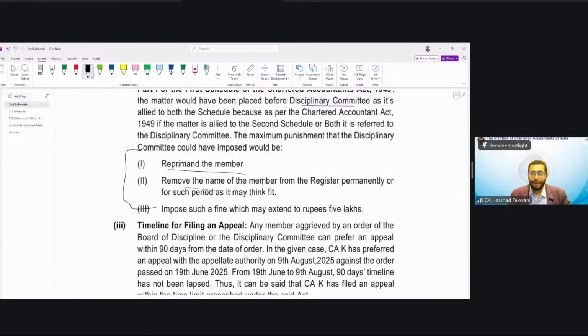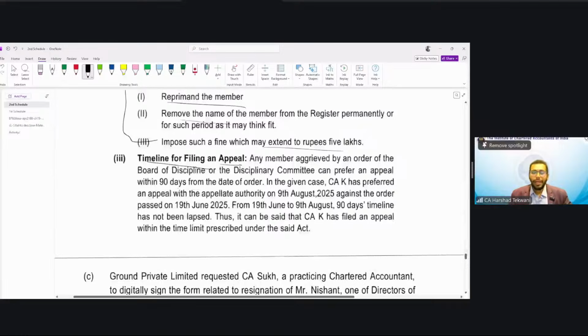Third, the time limit for filing an appeal. Any member who is aggrieved and wants to file an appeal has a 90-day window. He filed an appeal on 9th August 2025. The order was passed on 19th June 2025. It's a 90-day timeline that has not lapsed, so he can file an appeal, within the time limit prescribed, as we discussed.